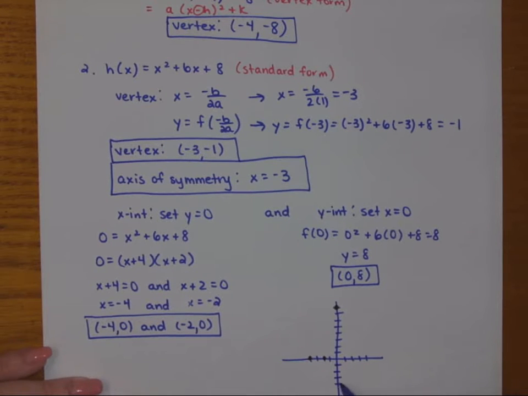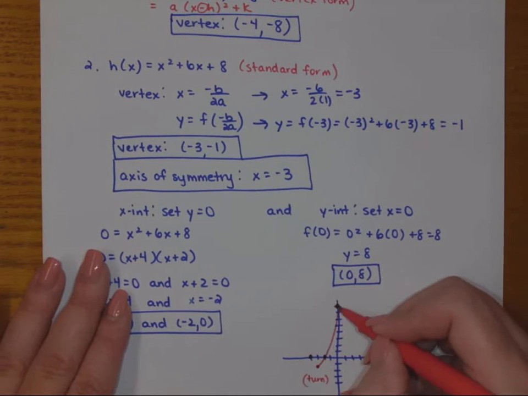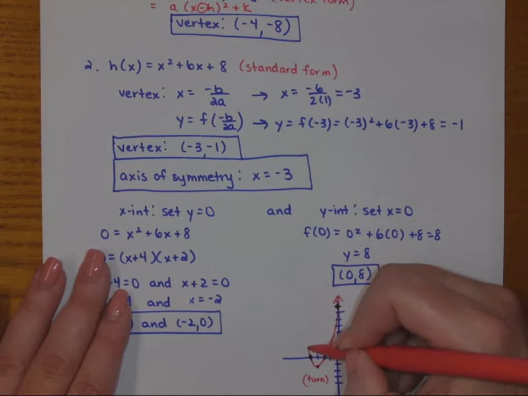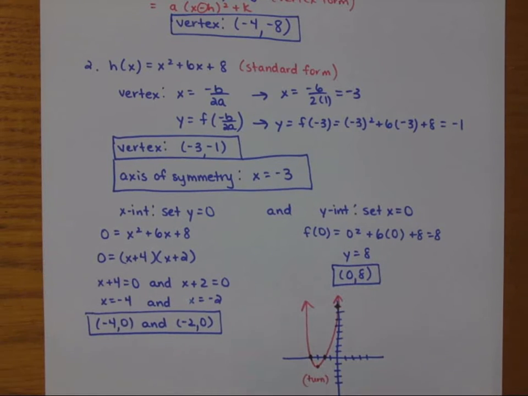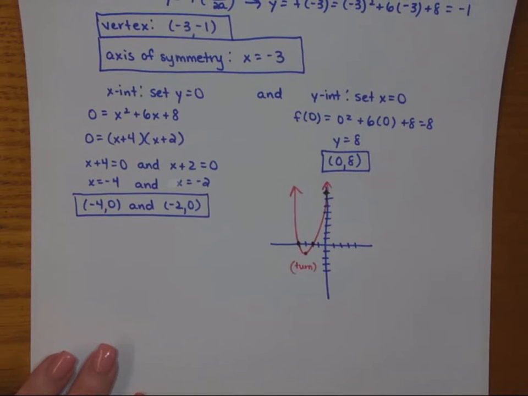And then I also need to mark the vertex. Actually, the vertex is one of the more important points because it tells you where you're going to make a turn. Okay, so here's the vertex. So I like to write myself a little note that, hey, I need to make a turn right here. So essentially I've got this parabola. Notice I'm drawing it from the vertex out. So plot your vertex and then go both to the left and the right with it.